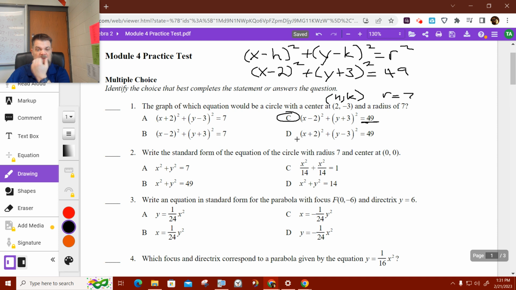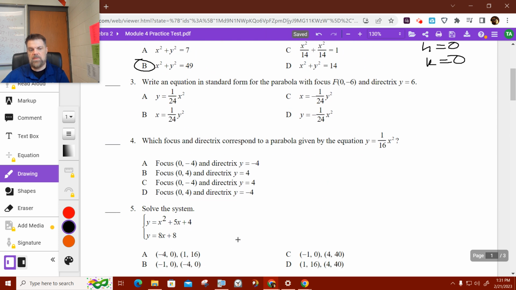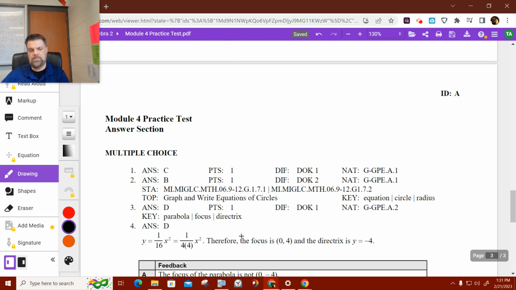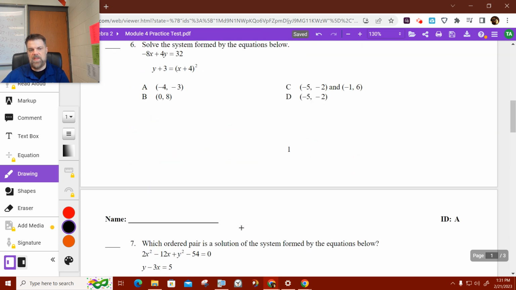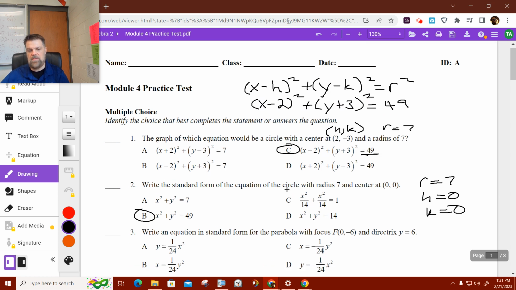Okay? Now this one is the same thing. I have R is equal to 7, H is equal to 0, and K is equal to 0. So it's just going to be X squared plus Y squared equals 49. That one's B. Okay, let me double check. Yep, that's B. Do you guys see where I got that from?